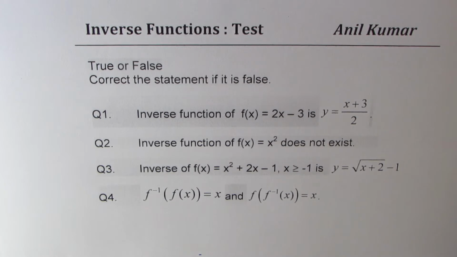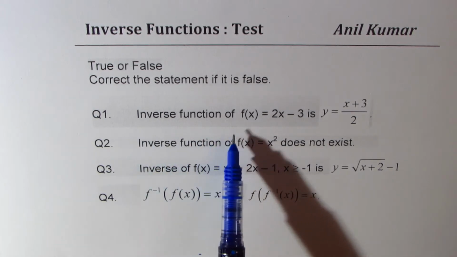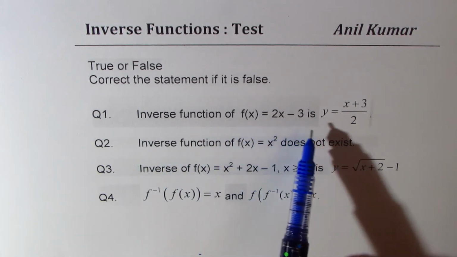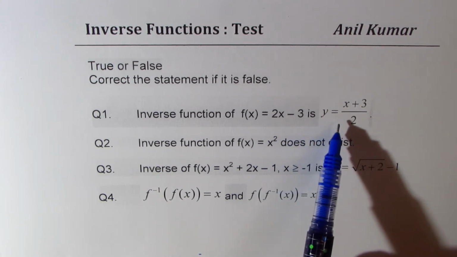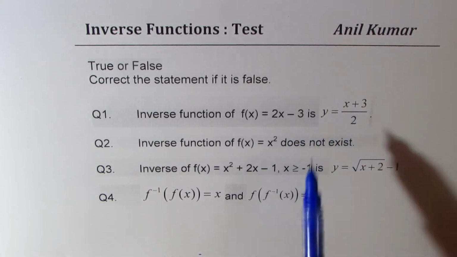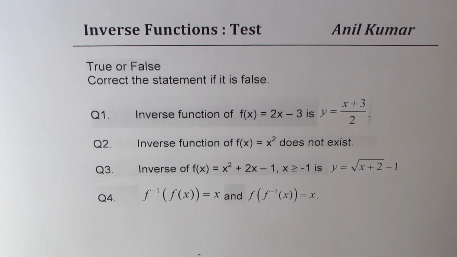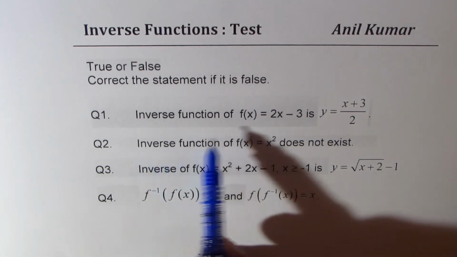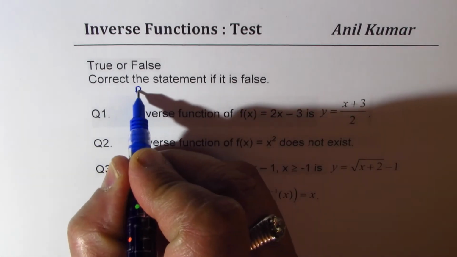Question number 1. Inverse of function f of x equals 2x minus 3 is y equals (x plus 3) divided by 2. Well, you can also find inverse by reading backwards.